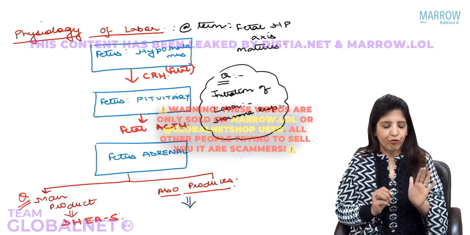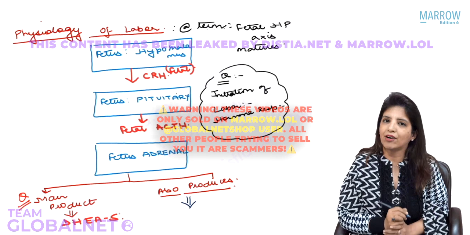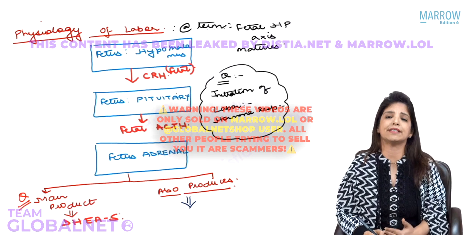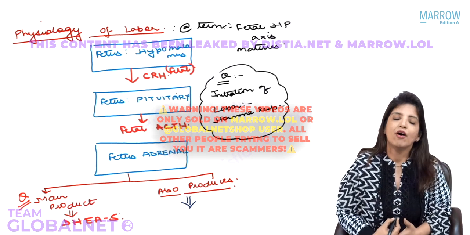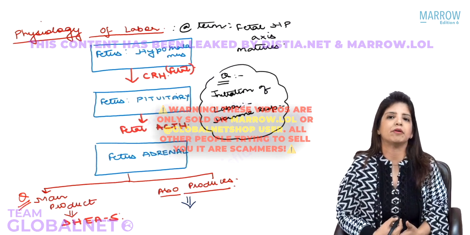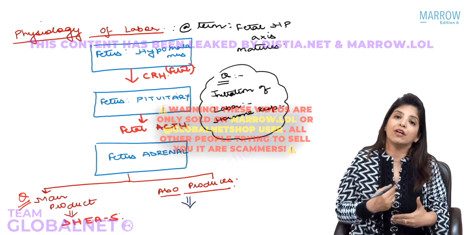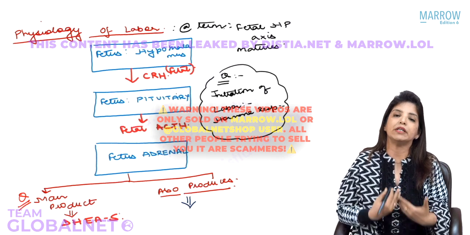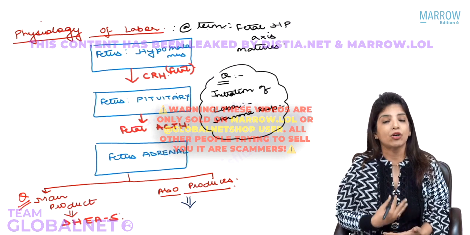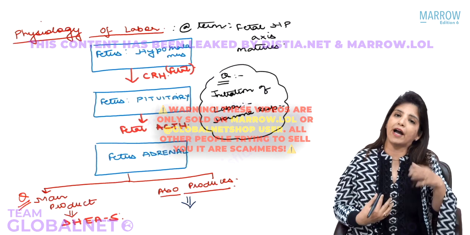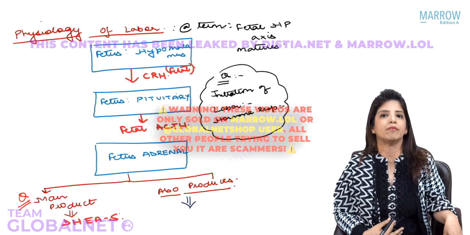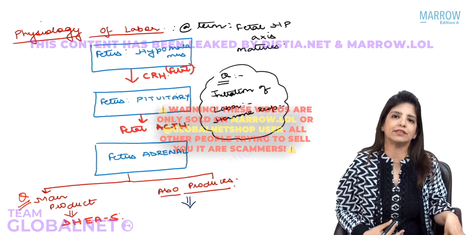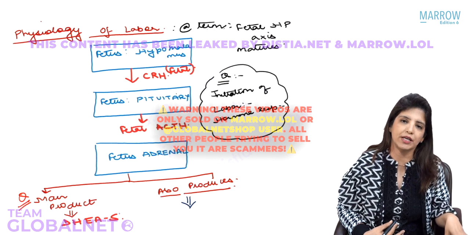Right? Now, before I tell you what other thing the adrenal gland is going to produce, my question to you is, how did we start this topic? From where did the fetal hypothalamic pituitary axis reference come? The reference came because I was telling you how the process of labor is initiated. And when I was telling you how the process of labor is initiated, I told you that the fetal hypothalamic pituitary axis matures, and from the fetal hypothalamus corticotropin releasing hormone is produced.